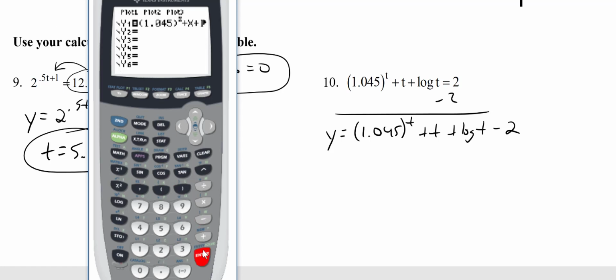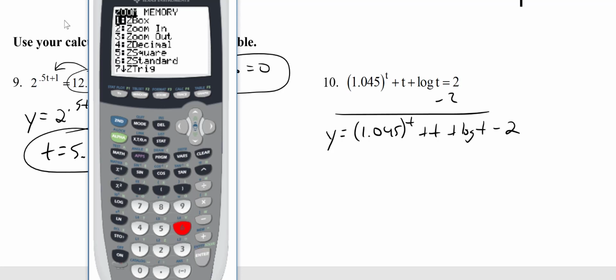Okay, so it's going to solve for t. It's kind of cool. So we're going to do zoom 6. So that's what the graph looks like.